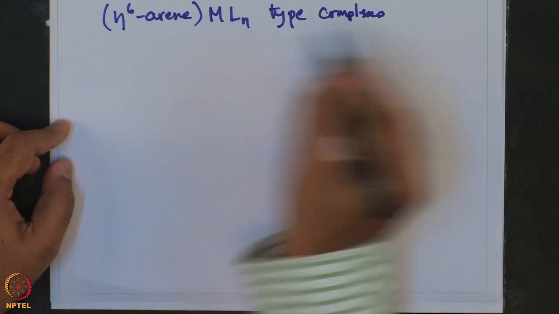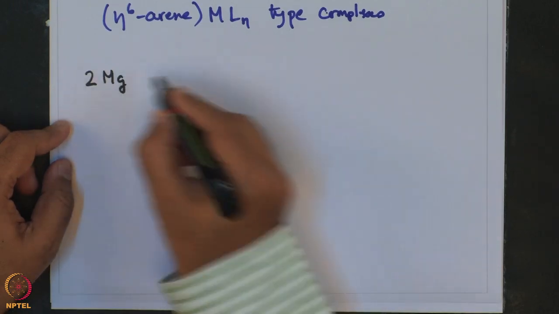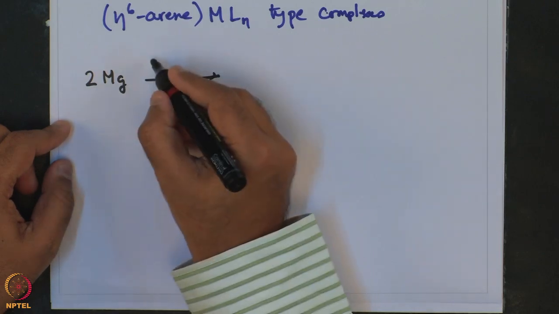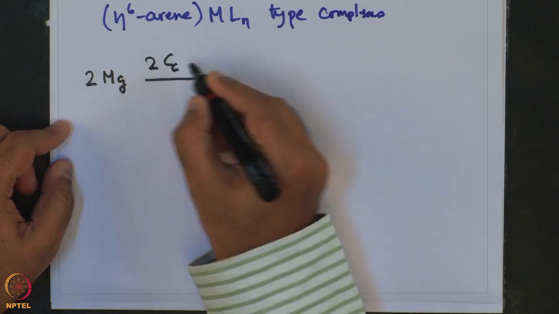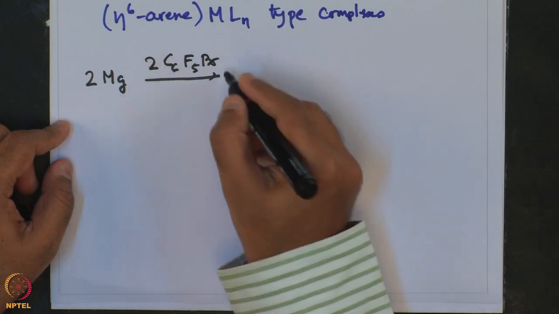The first involves preparation of these complexes from, let us say, magnesium in the presence of 2 C6F5Br.